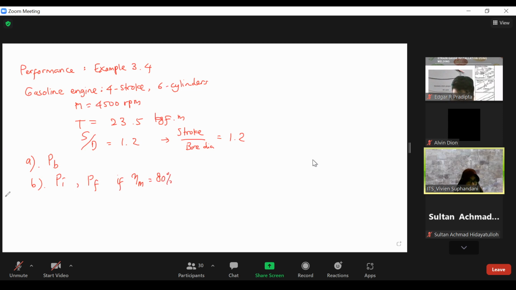And C: we want to find the BMEP, the brake mean effective pressure, and IMEP, if the bore diameter is 90 millimeters.